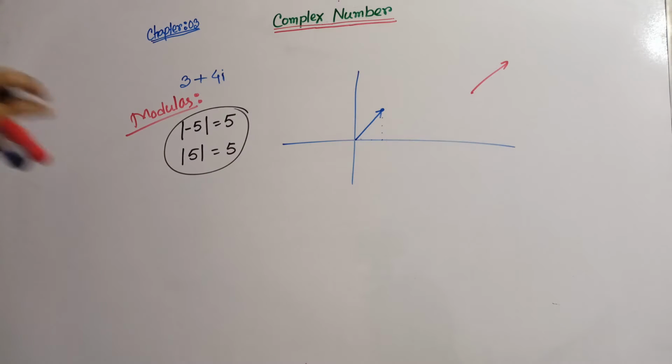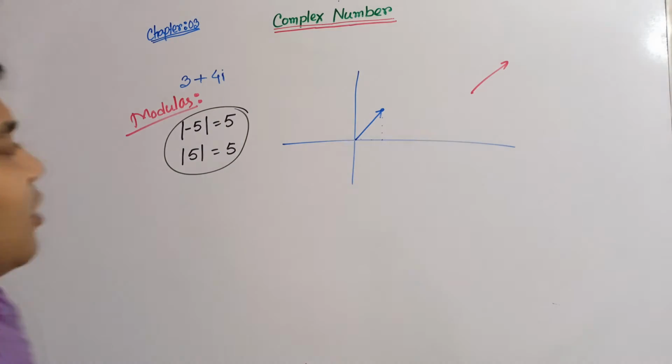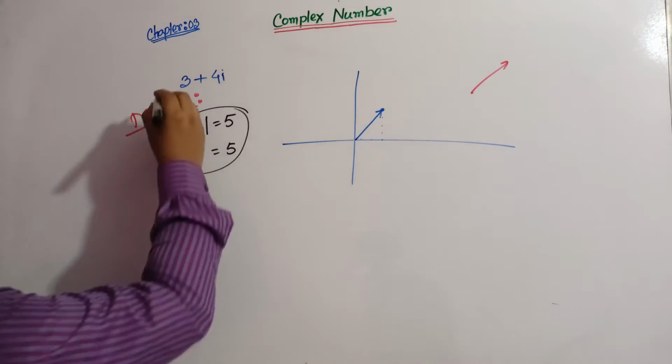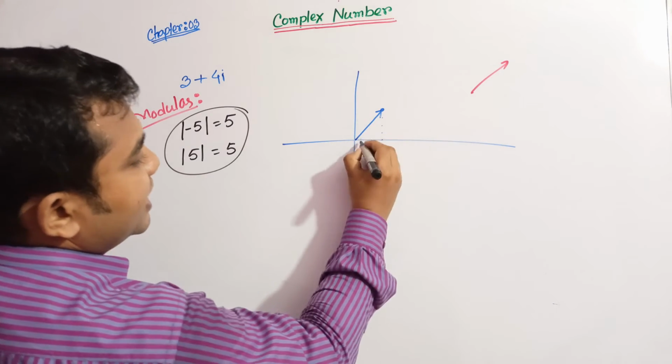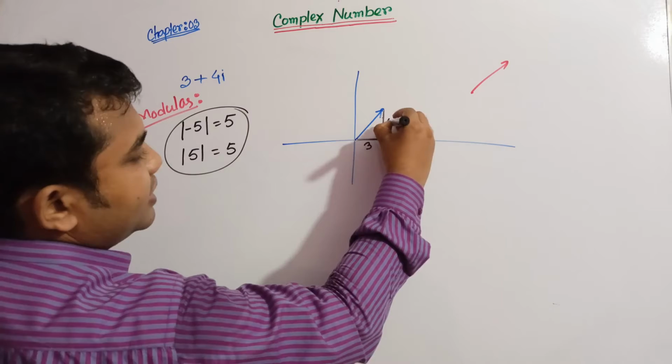So what about the modulus of a complex number? To understand that here, if it is 3, 4, that means up to that part this is 3, up to this part it is 4.